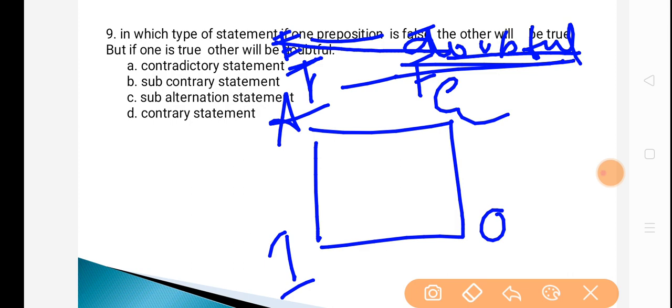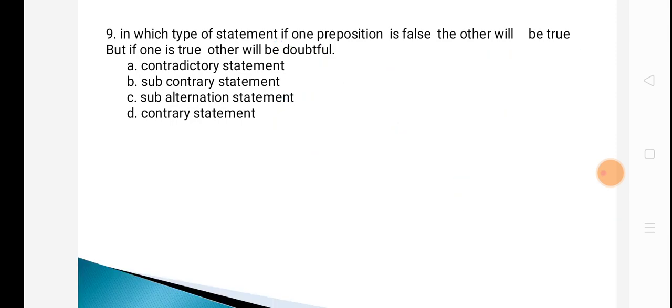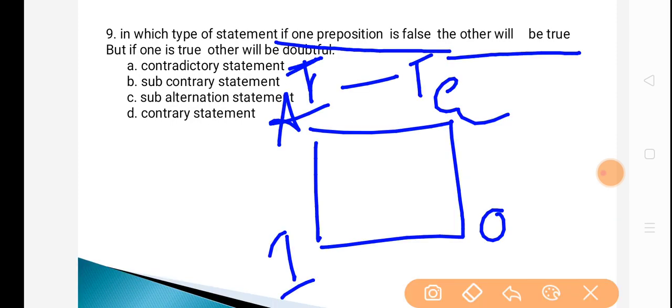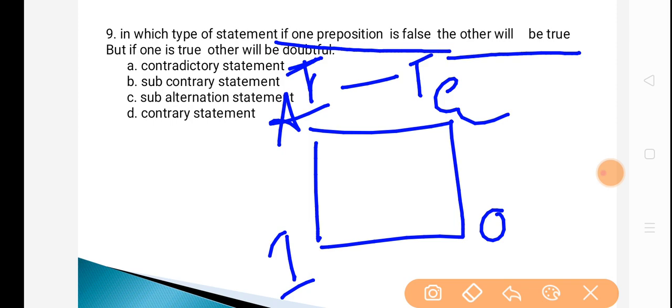So when I am checking the below statement, that is the subcontrary statement. So here what it says, if one is false, the other will be true.